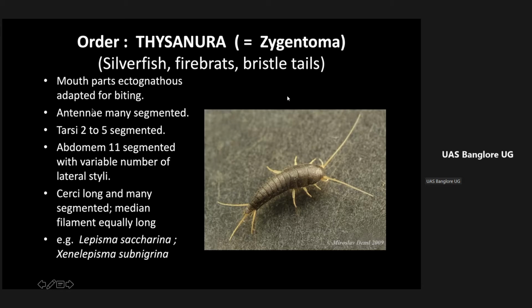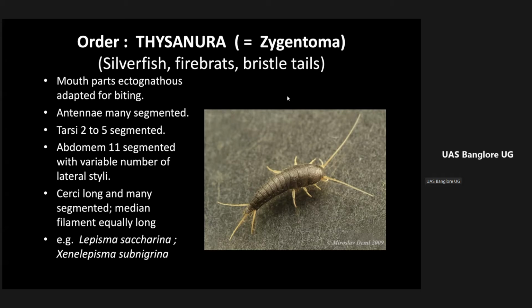They will ask you the difference between Archaeognatha and Thysanura. One is the long median cercus, and apart from that, the compound eyes.